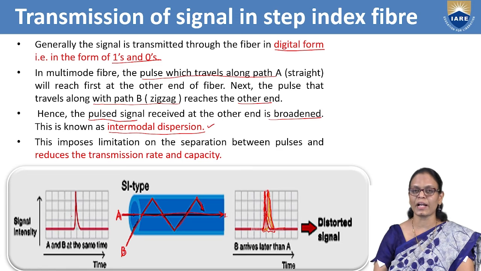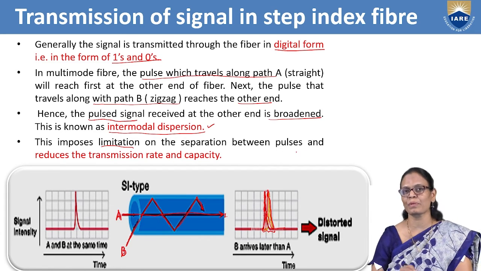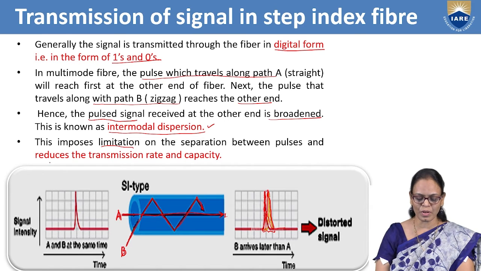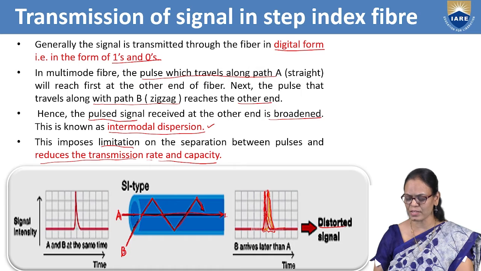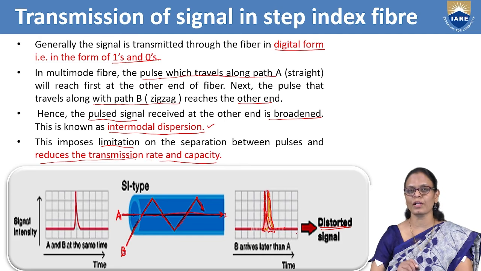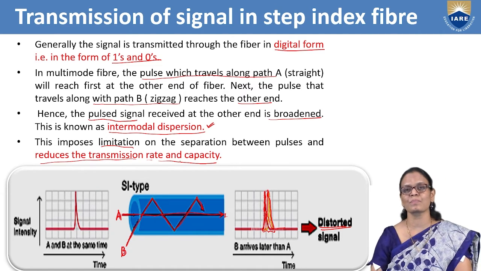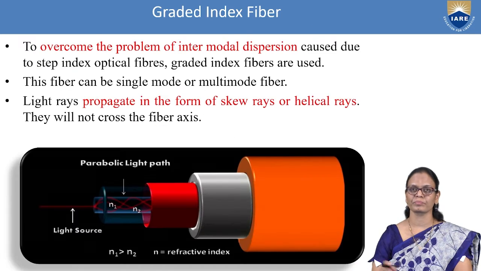There is a limitation on the separation between the pulses, and it also reduces the transmission rate and capacity. The signal also gets distorted; you can see the change in shape of the signal. So due to intermodal dispersion, it reduces the transmission rate as well as the capacity.